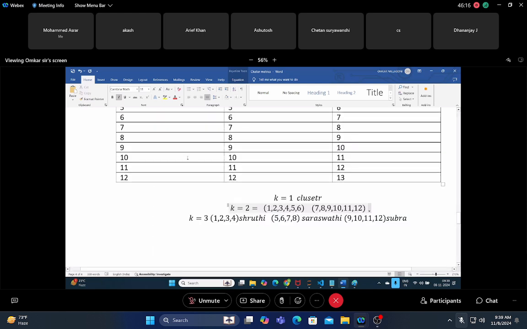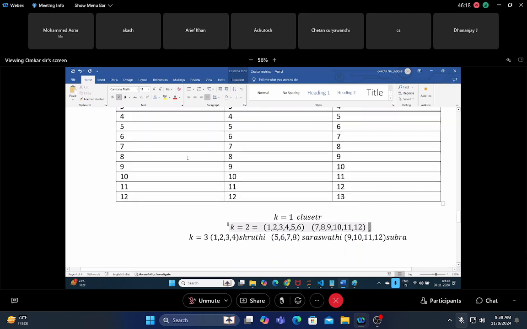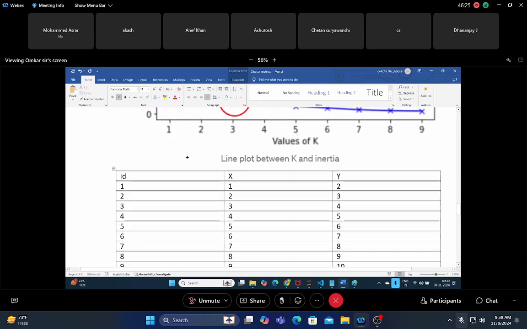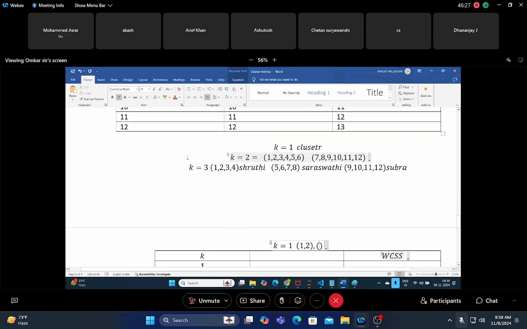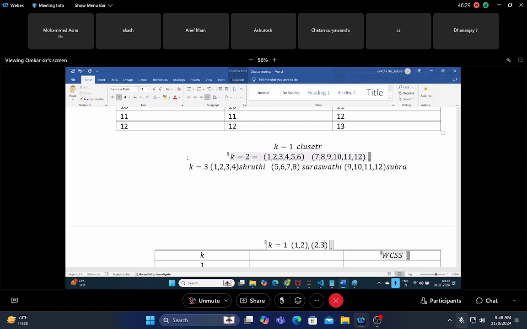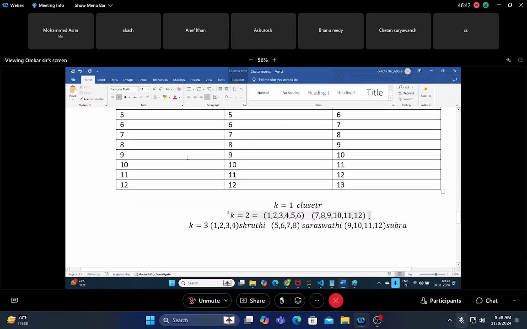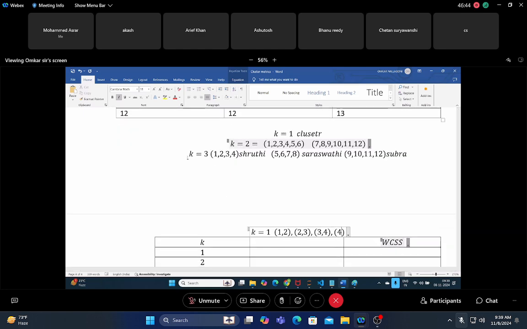1 comma 2, these are the data points. 2 comma 3, 3 comma 4, 4 comma 5 and 5 comma 6.